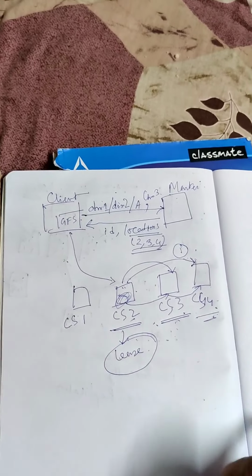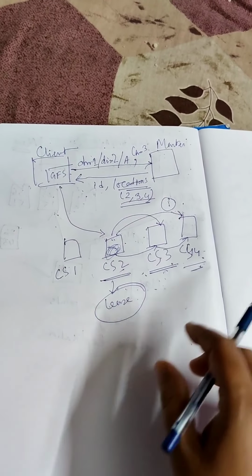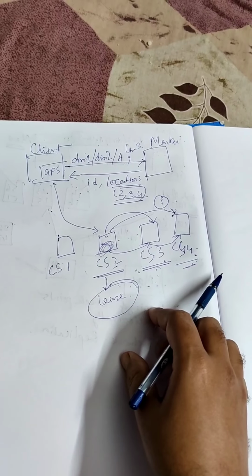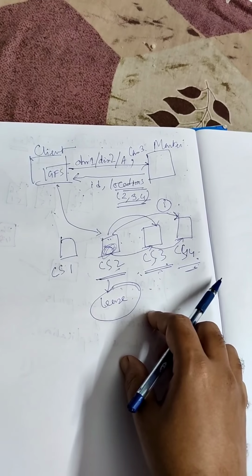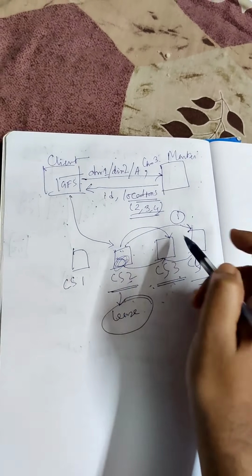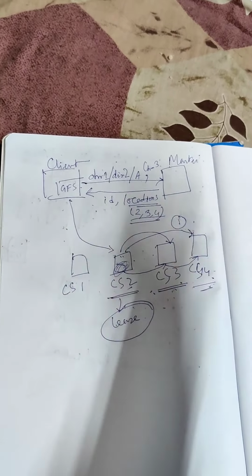Let's say the client asks the master to write chunk number 3, and the master sees that chunk number 3 is already on lease.